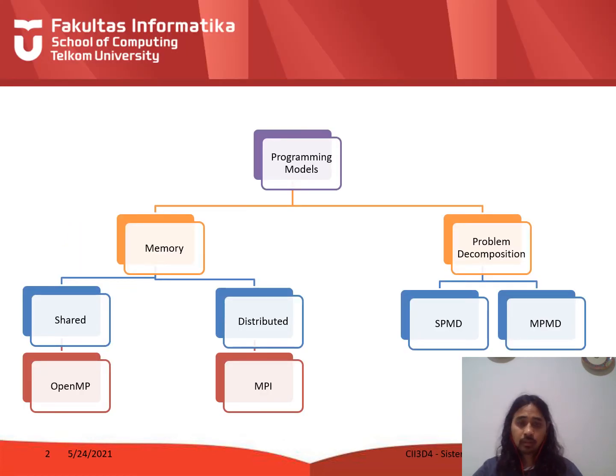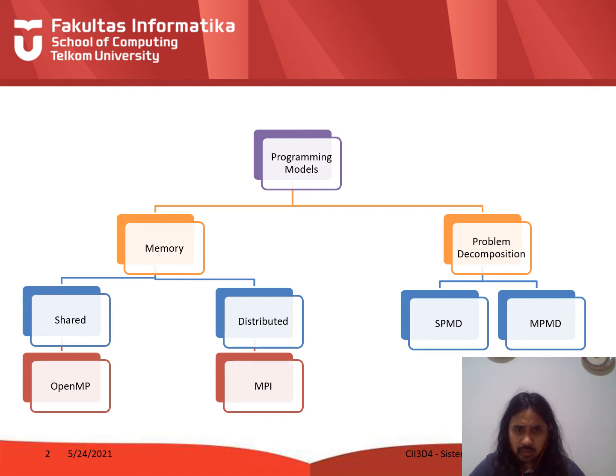So, if you remember, going back two meetings before, we discussed various kinds of parallel programming models, and here we are going to learn one of these. Which one? It is this one. The programming models have two types.